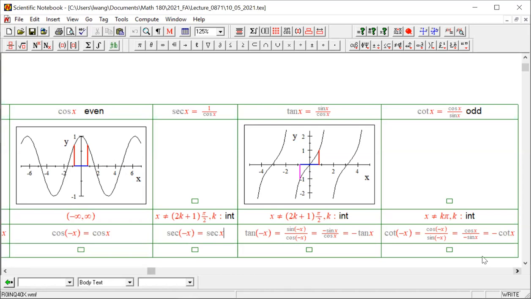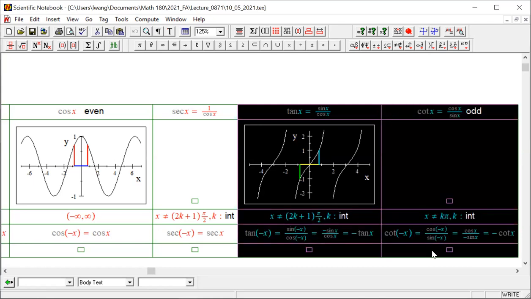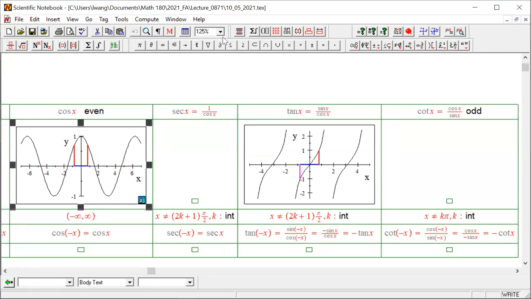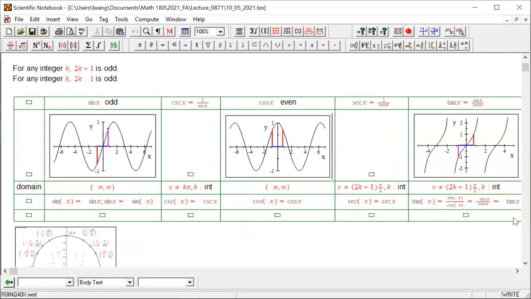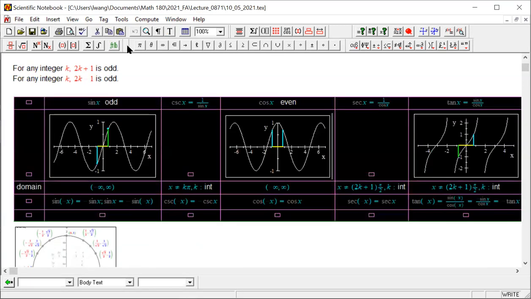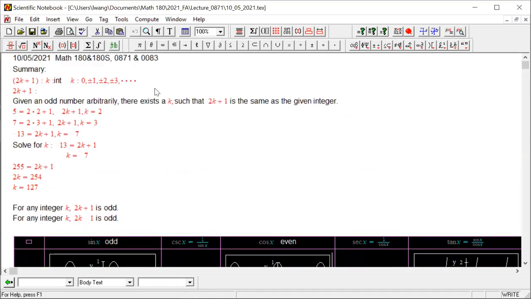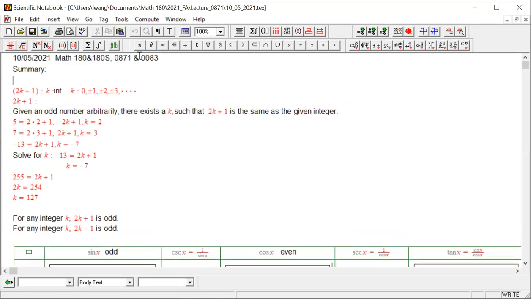All right, so that's it. We get a domain. You can see the relationship. You can put the pictures in, but you really don't need to see the picture. I'm going to make this table a little bit smaller and put it on top.